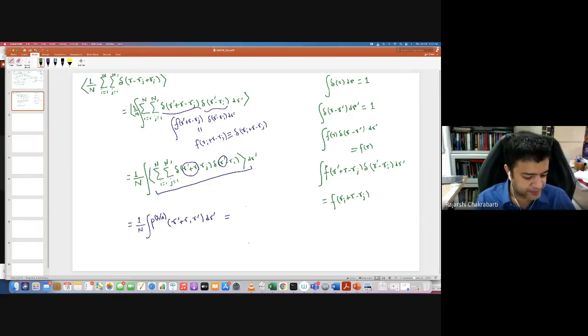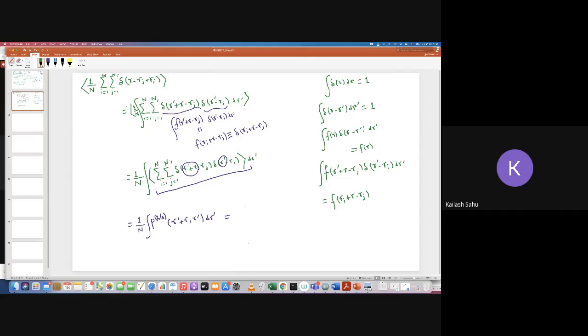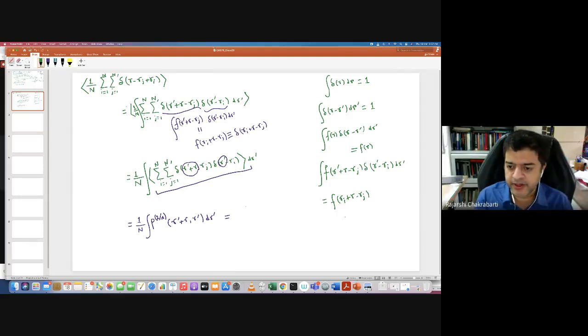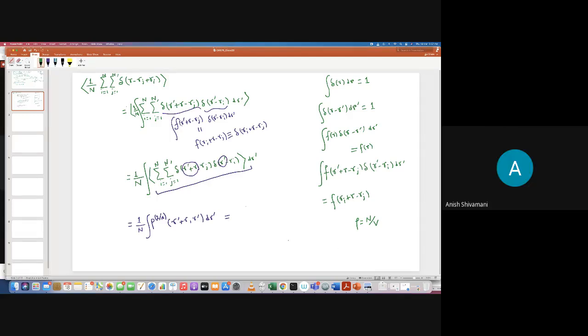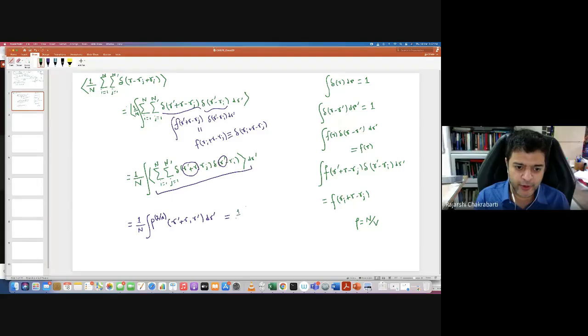You remember that rho is n by v. Not only that, you also had the relation between rho 2 by n and g of r: rho 2 by n by rho square is equal to g. So you will have 1 over n.